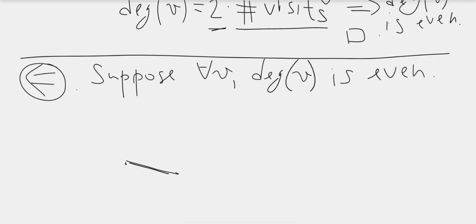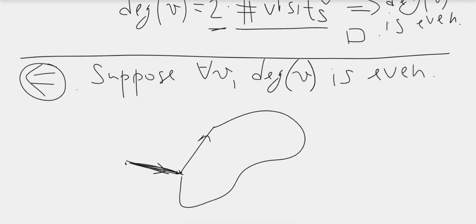When we come to a vertex, we always have a path out, because the degree is even. When we come here by an edge, so this is one edge, there must always be another edge. When we already visited this vertex, after some time we come again to this vertex.